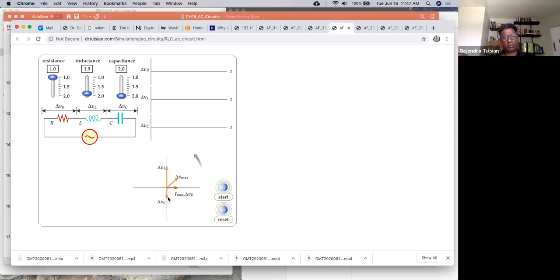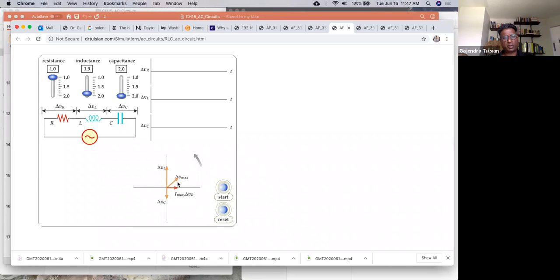Okay, so what we do is for the voltage amplitude, you just take the vector sum of the two. So the Y component of the voltage is VL minus VC, and there is the total voltage.